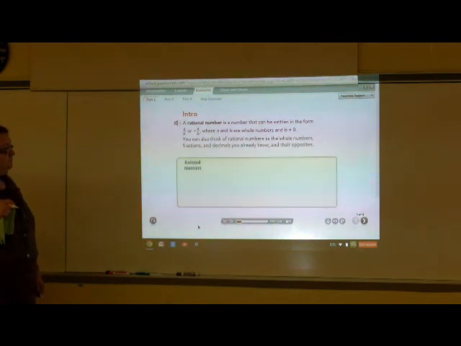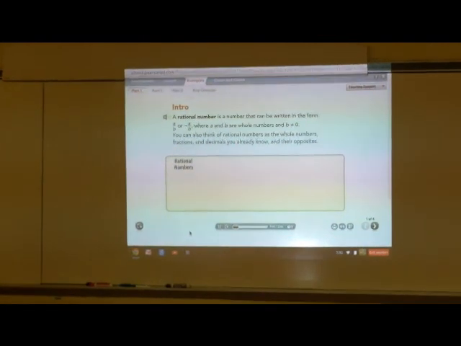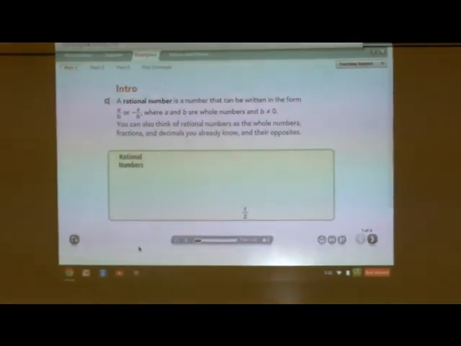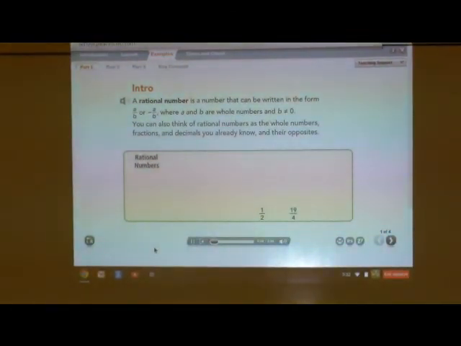Here are some examples of rational numbers. 1/2, 19/4, -21/5. What about -7/10? Is it a rational number? Yes, it is. -7/10 can be written as a fraction in the form a/b, which means it's a rational number.